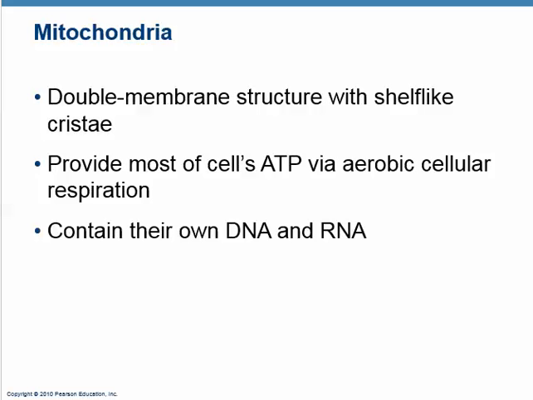So most of the cell's ATP comes from the mitochondria. Now, ATP is the charged battery of the cell, as it were. It is where the energy gets stored. It's like your cell phone battery, and so mitochondria really are the chargers for that.